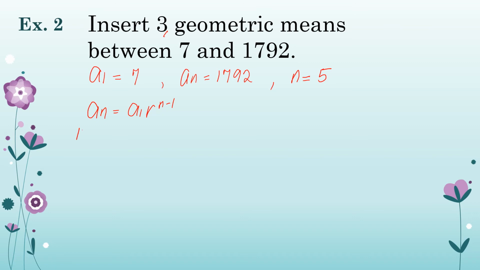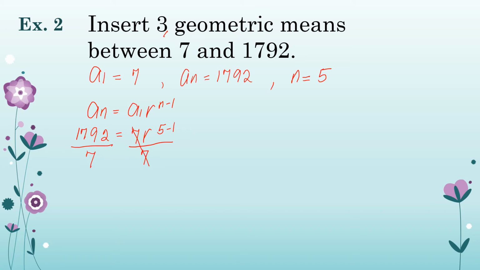So, you have 1,792 equals 7 times r, which is unknown, times n, which is 5 minus 1. What's next? Yes, divide both sides by 7.